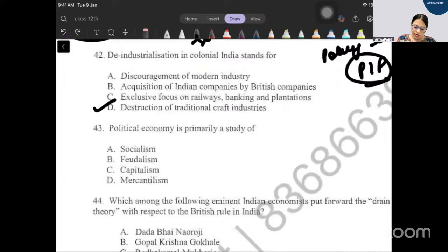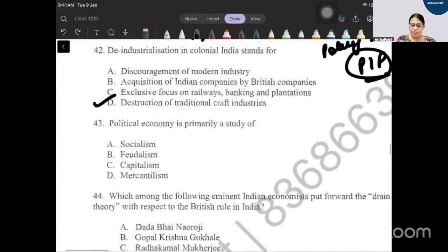ठीक है. Okay. Question number 43. Political economy is primarily a study of.